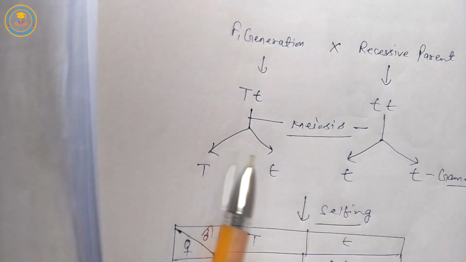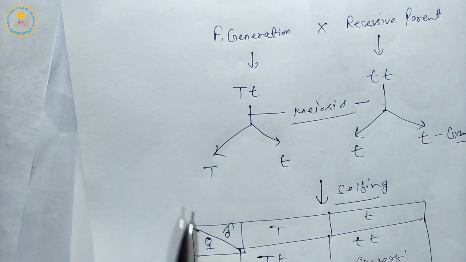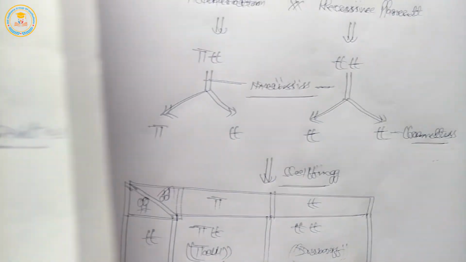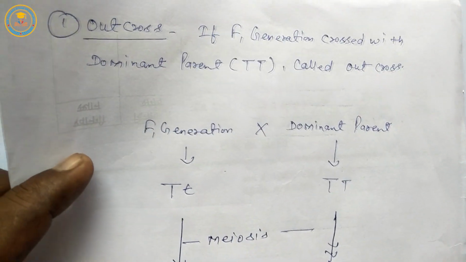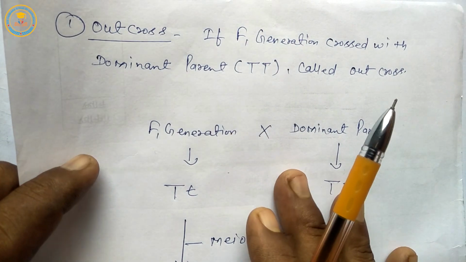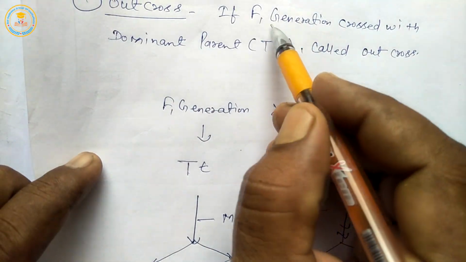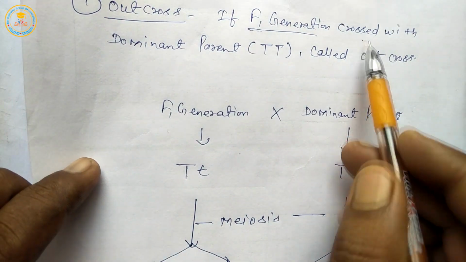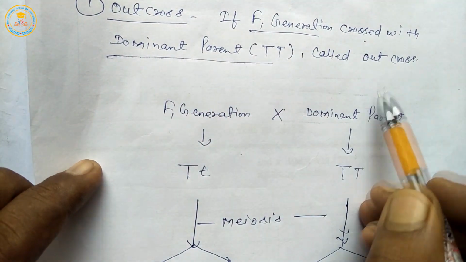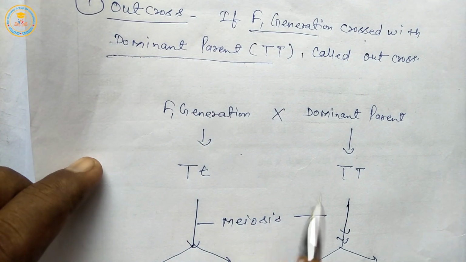Next is outcross. First, the definition of outcross: if F1 generation, it means first filial generation, is crossed with dominant parent, it is called outcross.